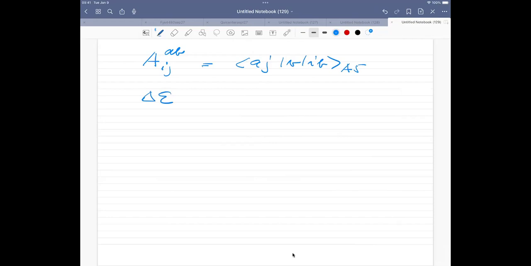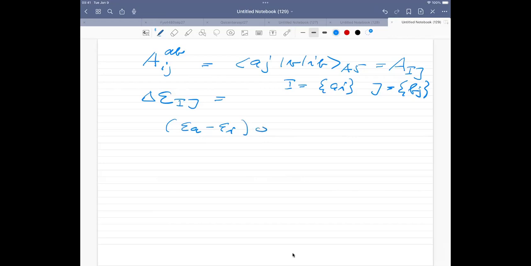Remember that we actually transform this one into an A_ij, where i is now equal to AI, and j is equal to BJ. Then I could similarly have a term which we call delta E_j, which was simply given by epsilon_A minus epsilon_I, multiplied with delta_Ij and delta_AB.